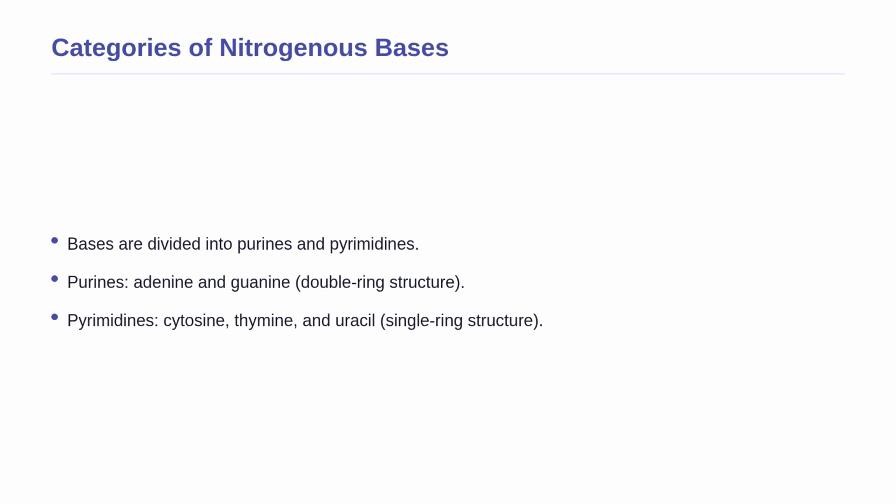On the other hand, the pyrimidines include cytosine, thymine, and uracil, which have a smaller single ring structure. The specific sequence of these bases along the nucleic acid chain is exactly what spells out the genetic instructions, much like the sequence of letters on a page spells out a story.